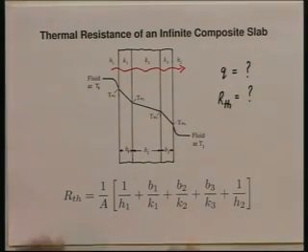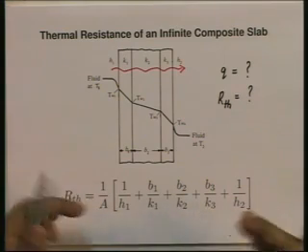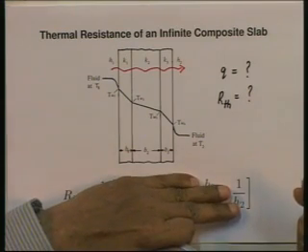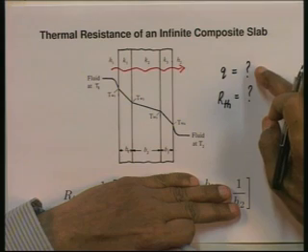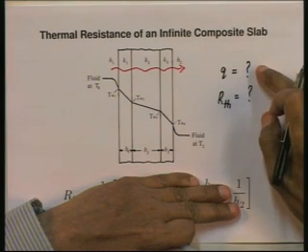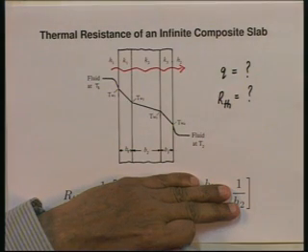That is what I would like to do. For the moment, let us not look at this expression, we will come to it in a moment. We want an expression for the heat flowing across it and the thermal resistance of this composite slab.